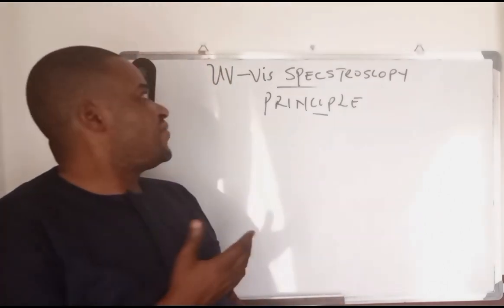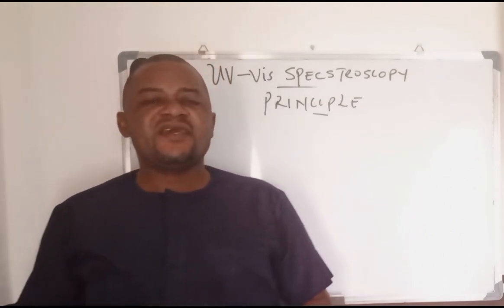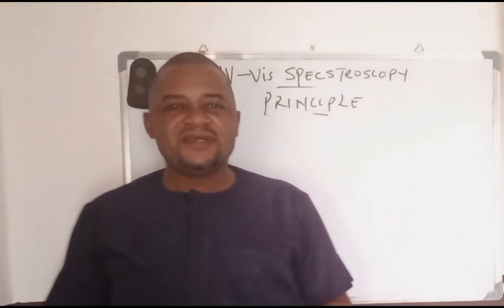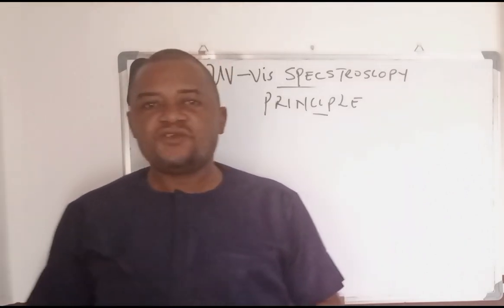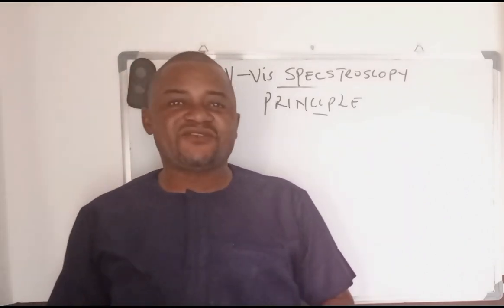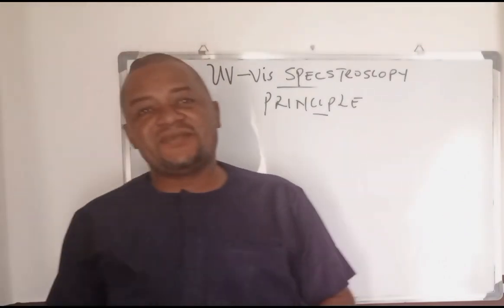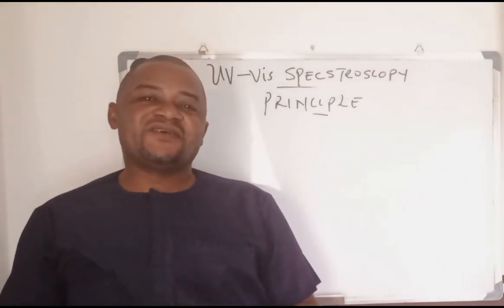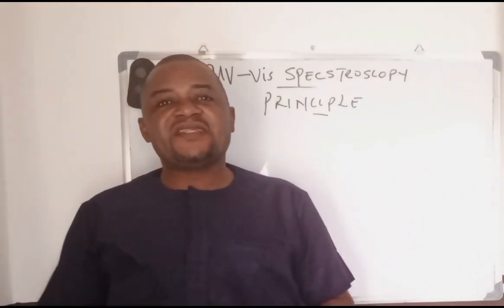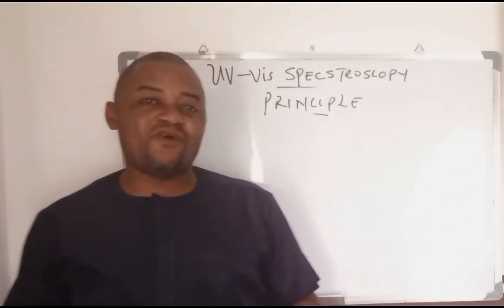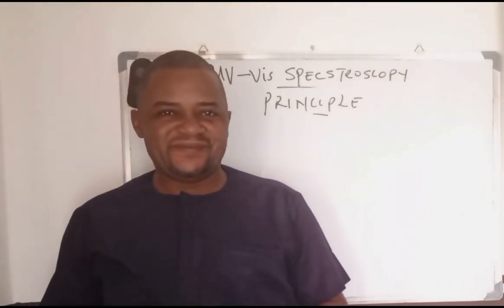But what is UV visible spectroscopy? Before we go into that, it's important for us to know that UV radiations are not visible radiations. You don't see UV radiations with your naked eyes, unlike the visible radiations. UV radiations are radiations that find themselves around 200 to 400 nanometers in the electromagnetic spectrum.